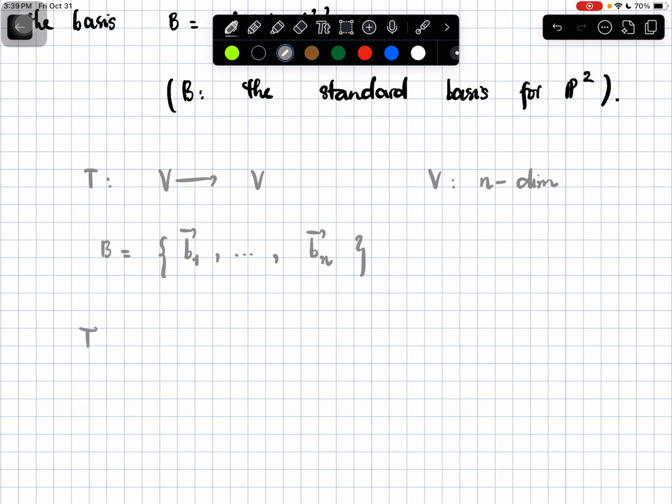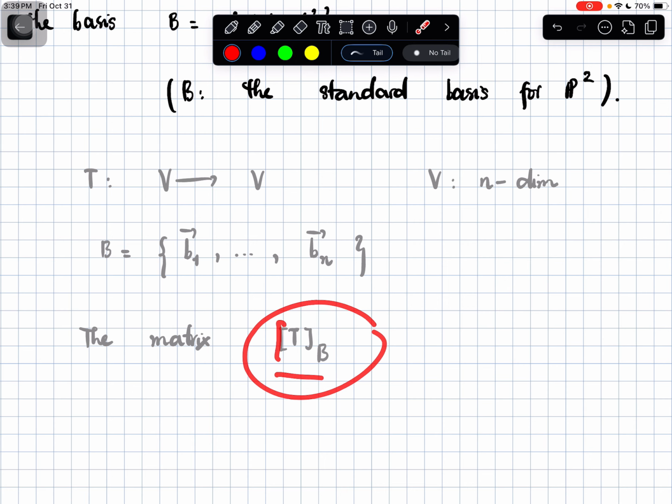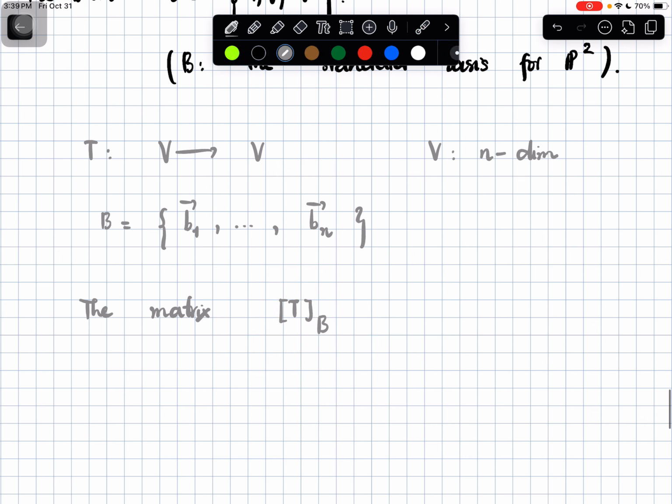The matrix representation of T relative to B is denoted by T with a square bracket B. This matrix can be computed as follows: the first column is the coordinate of the first vector's image relative to the basis, and you do the same thing for all the other columns.